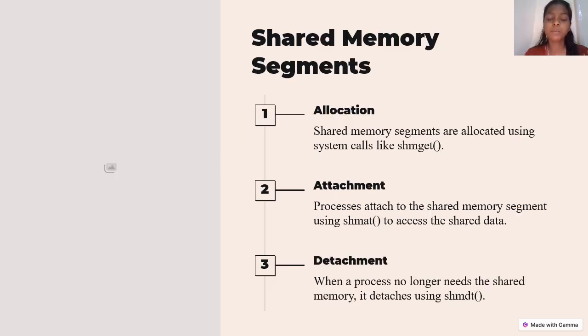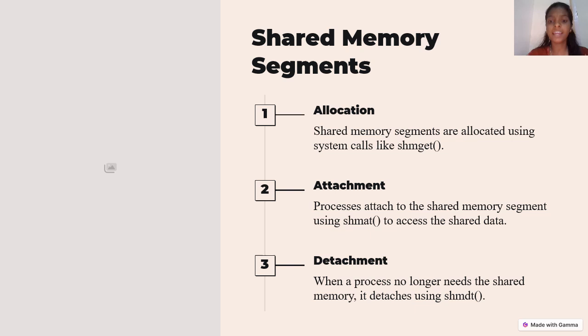And the next is shared memory segments. Here we can see how many segments there are in shared memory. Here we can see the three: allocation, attachment and detachment. Allocation means shared memory segments are allocated using system calls like shmget, that is SHMGET, which is written with open and closed brackets.